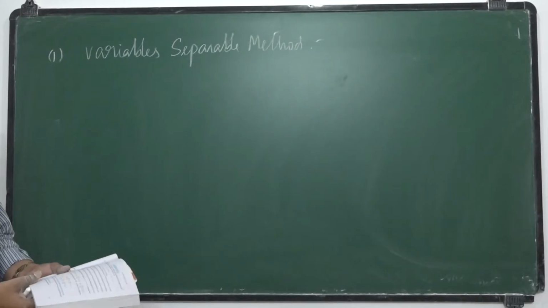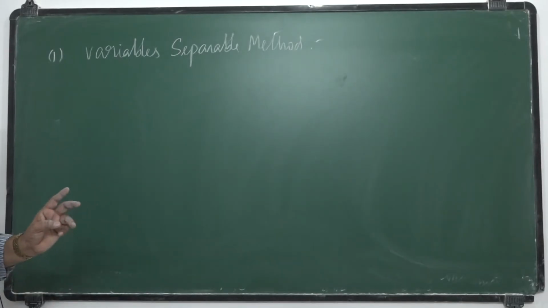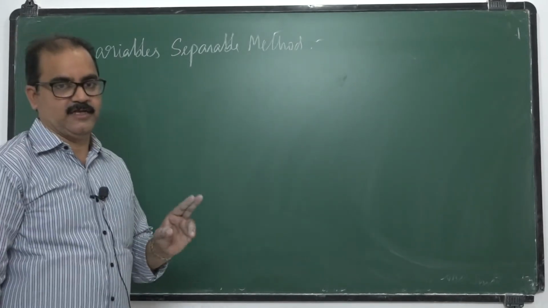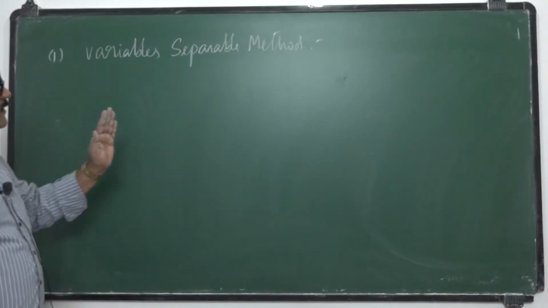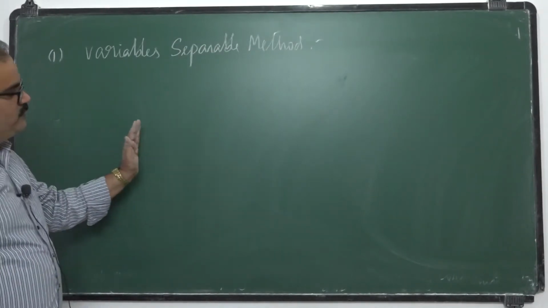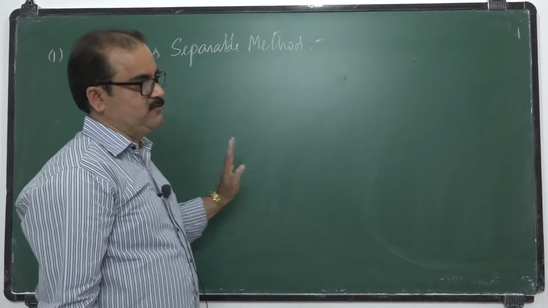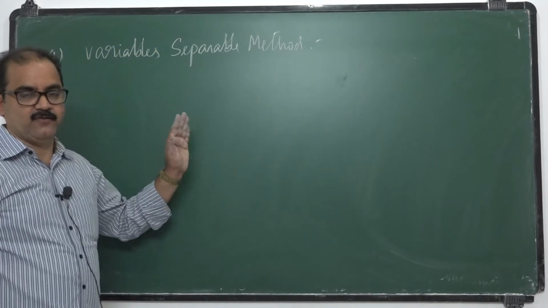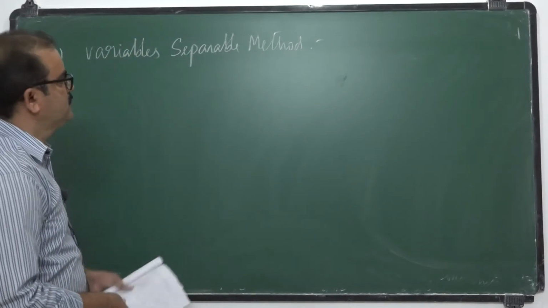Generally, in a differential equation, two variables are there, x and y. If possible, we separate the variables x and y, and on integrating we get the solution.